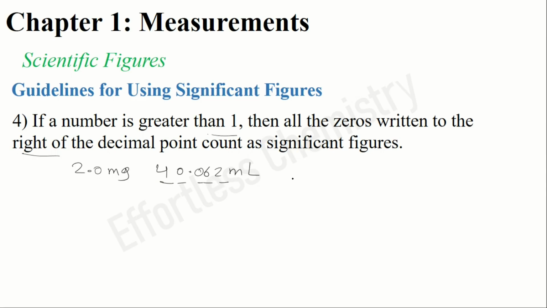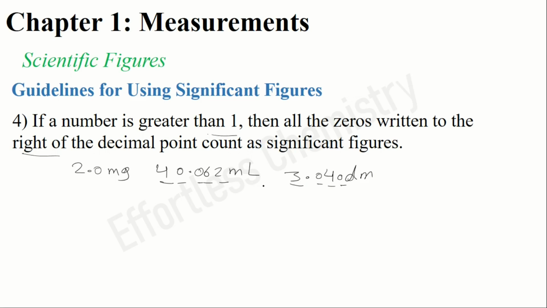And the other one, for example, 3.040 decimeters has 4 significant figures: 1, 2, 3, 4. All the zeros after non-zero digits are considered because they are written on the right of the decimal point.